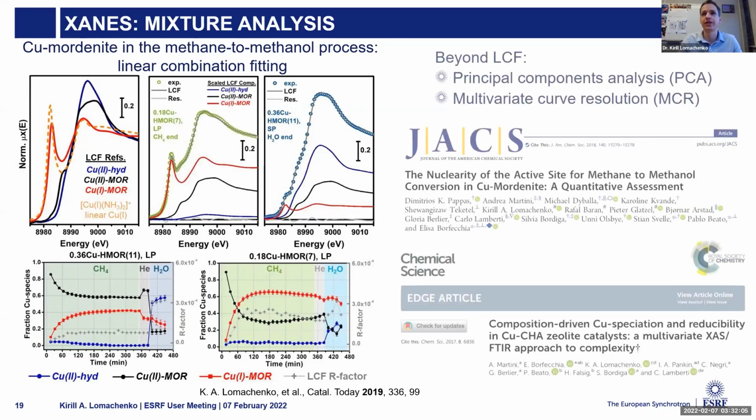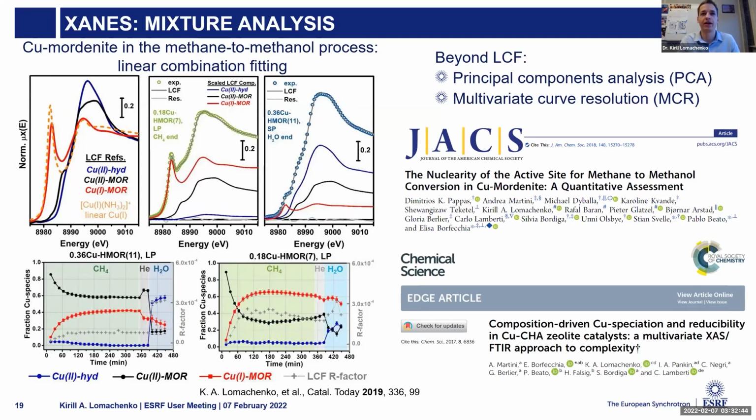In order to deal with it, there are some other methods like principal component analysis that can give you a hint of the number of different species in your sample, and multivariate curve resolution, MCR-ALS, that can give you the spectra of the independent species that participate in your spectrum, that constitute your spectrum.